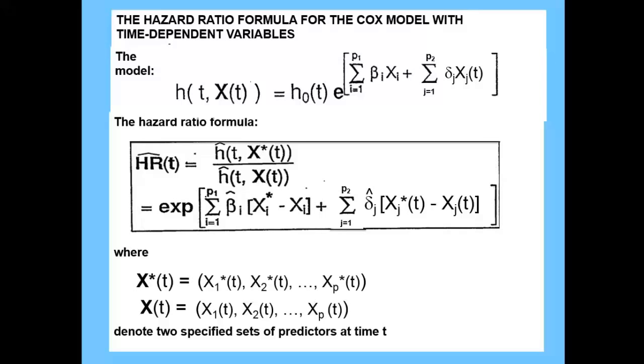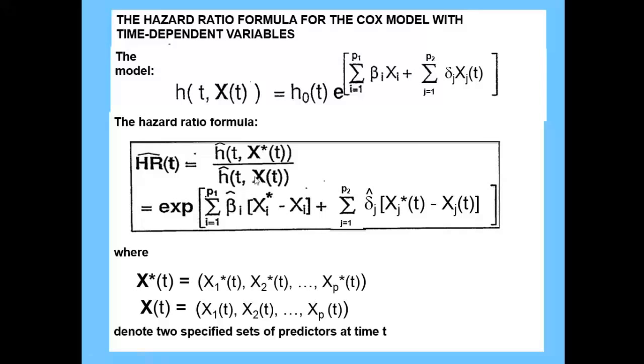So we talk about two people, person X star and person X. We take the hazard for person X star at time t and compare it to the hazard for a different person at the same time t. So we're getting the hazard ratio for two different people at a given time.